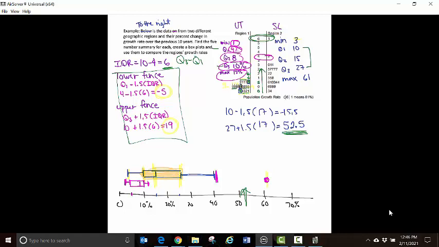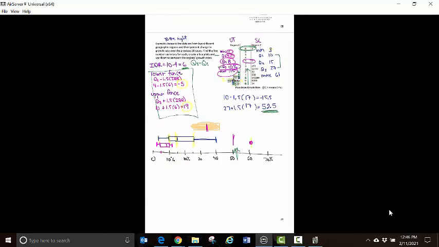Let's take 1 and a half of that, and anything above this value right here, that would be 1 and a half if I'd done better, is too high, and that makes it an outlier. Same thing with below. Let's take 1 and a half of that. Anything past here would be too low.